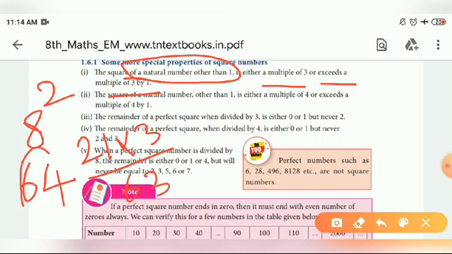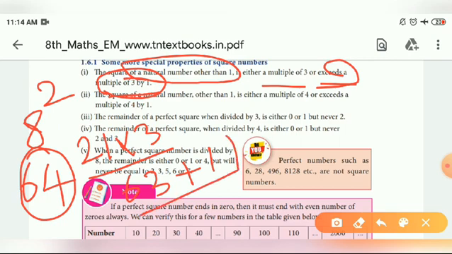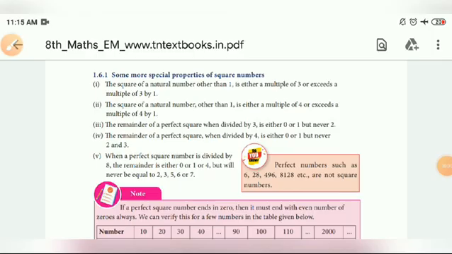But here it is 64. So it exceeds a multiple of 3 by 1. Plus 1 is extra. So if we take any natural number other than 1, its square will be either a multiple of 3 or a multiple of 3 with 1 added.